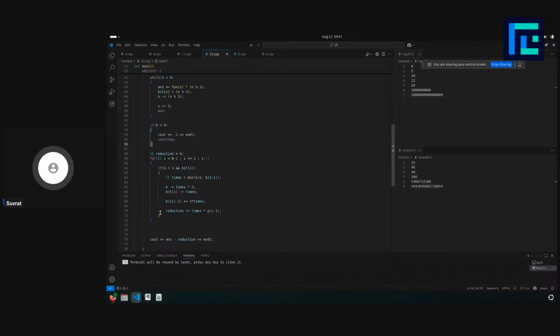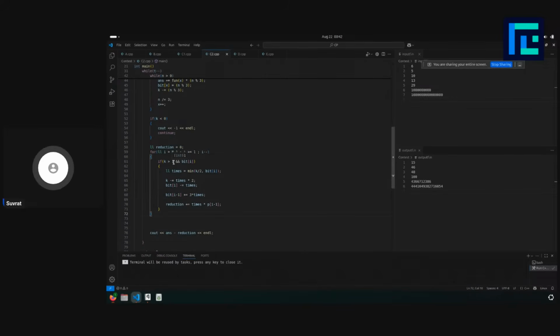And now I'll count how much cost that I have reduced from what I initially had. So basically, if k is greater than 1 and we are doing deals for AI, then what we can do is we can reduce it by a number of times. Times is basically minimum of k by 2 and bit I. So bit I is the number of deals that we are doing for 3 to the power I, and k by 2 is the maximum number of reductions that we can do.